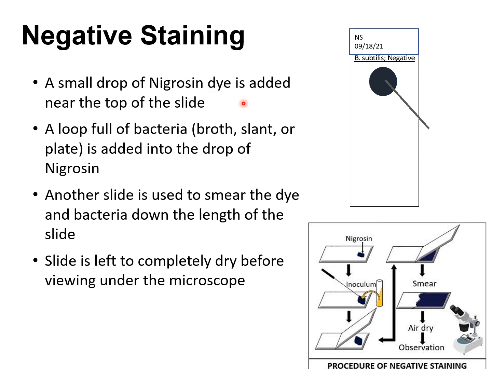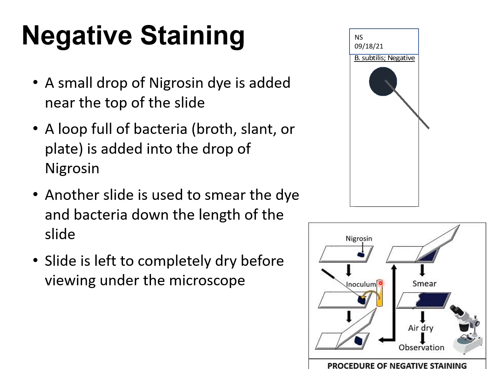Nigrosin dye is black in color, and we usually put a drop of it on the side, not in the middle of the slide, right here on the edge of your slide. So on the edge of your slide, you put a drop of the nigrosin dye, and then you grab your sterilized inoculating loop, and here's another image for the procedure.